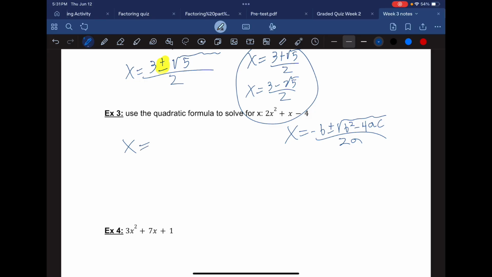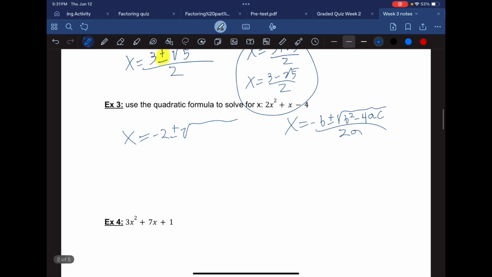X equals negative 2 plus or minus the square root of... b is 1. B is not 2. B equals negative 1 plus or minus the square root of 1 minus 4 times 2 times negative 4.